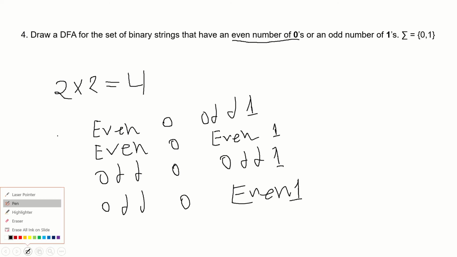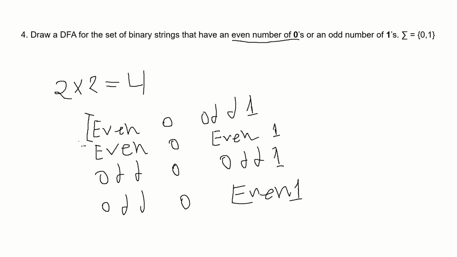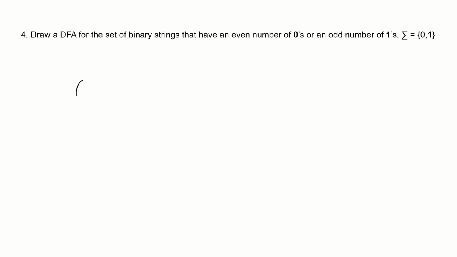As there are 4 possible options or scenarios, we will have 4 different states, right? So there will be 4 states.